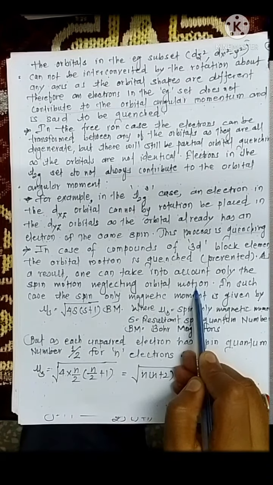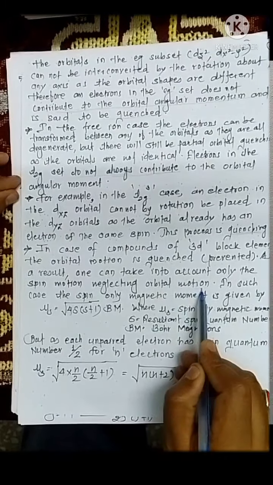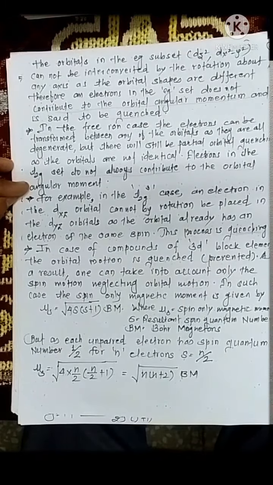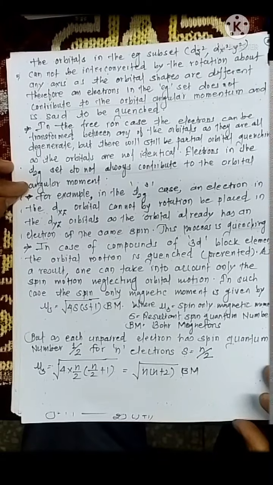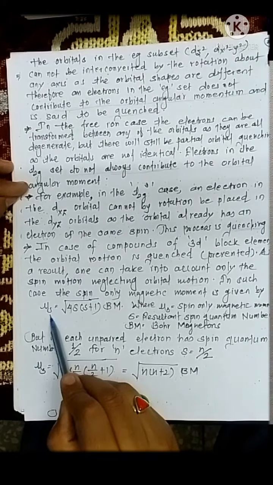That is, only the spin motion of the electron is considered, not the orbital motion, while calculating mu effective.